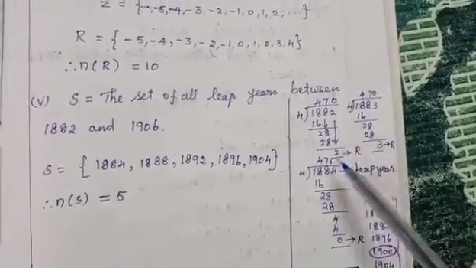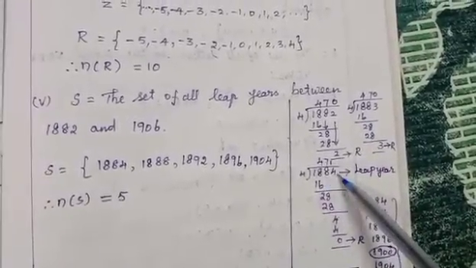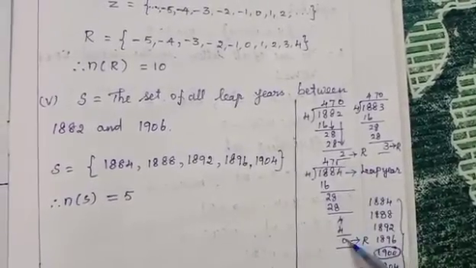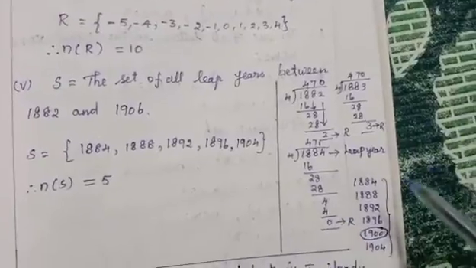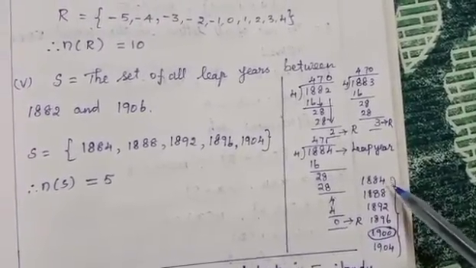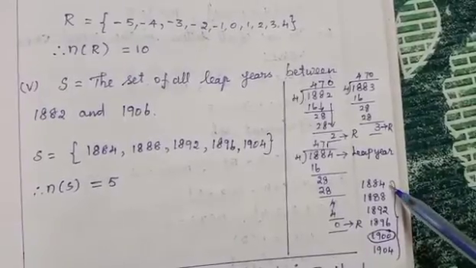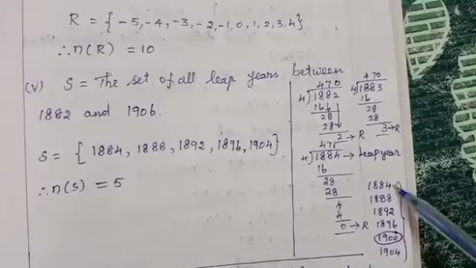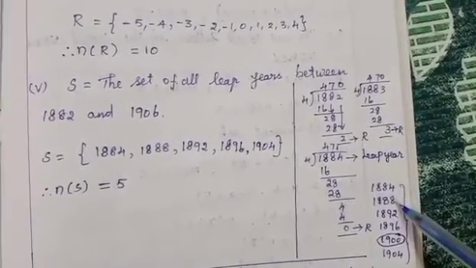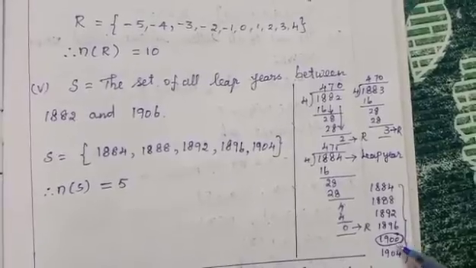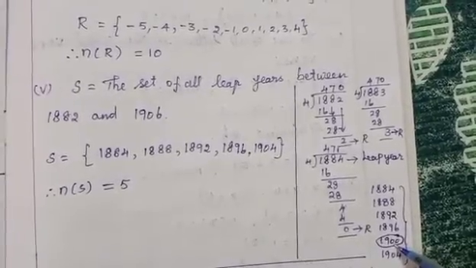Next year, 1884. You get remainder 0, so it is exactly divisible. So the first leap year is 1884. Every 4 years once we get a leap year, so you have to add 4. 1884 plus 4, 1888, plus 4, 1892, and then 1896.